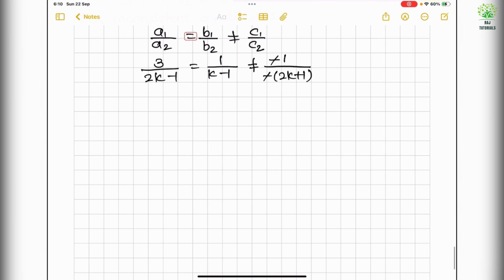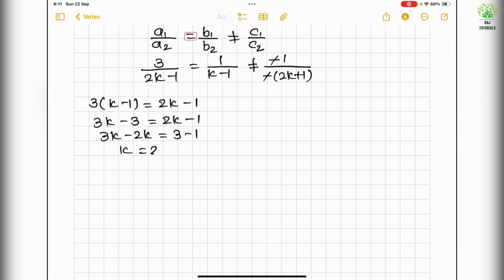So I am not considering the third part. I am solving the value of k from the first two because they are equal. Now cross multiplication, I will have 3 into k minus 1 equal to 2k minus 1. So 3k minus 3 equal to 2k minus 1. So 3k minus 2k equal to 3 minus 1. So k.